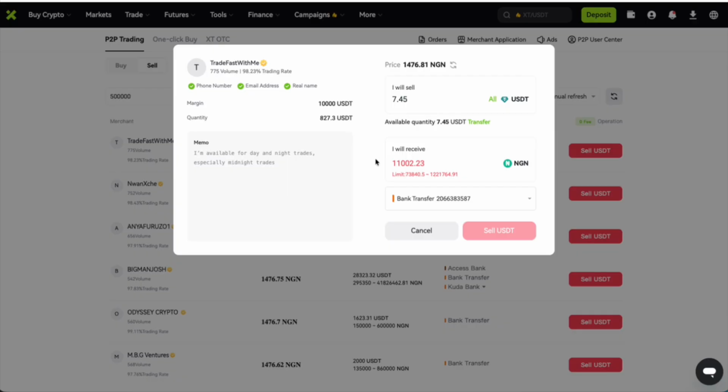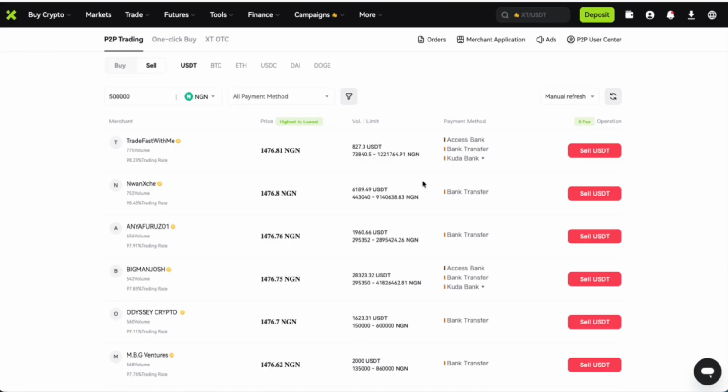If not, this person can report you, or you can report the seller, and XT Exchange will solve it, and once they find out and verify everything, the money will be released. So you don't need to have any issue when doing P2P on the XT Exchange, because the exchange handles everything automatically for you.